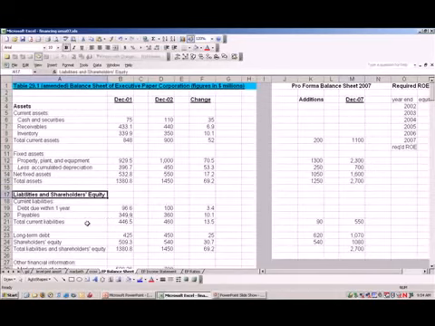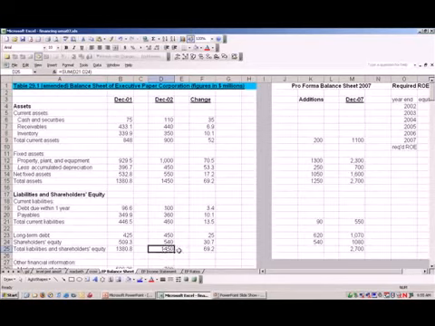Let's look at our financing sources, the liabilities and shareholder equity portion of the balance sheet. Currently, we have $460 million in current liabilities. We have $450 million in long-term debt and $540 million in shareholders' equity, for a total financing of $1.45 billion, matching our total asset structure.